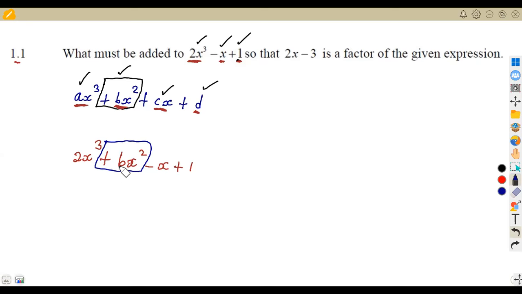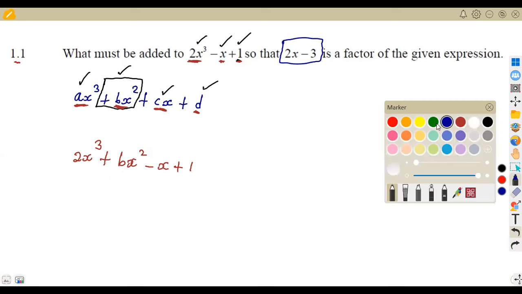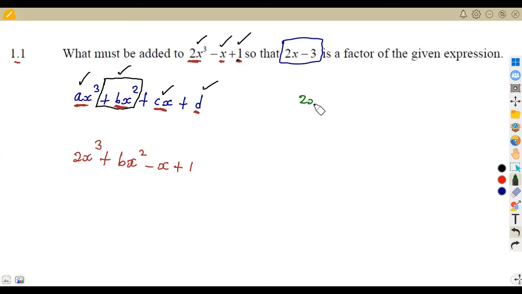But we have to find the value of b now. So where are we going to have the value of it? They are saying this is a factor. So what do we know about a factor? If 2x minus 3 is a factor, we are supposed to find the value of x by equating this to 0.